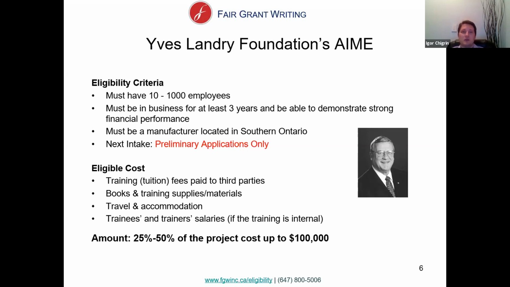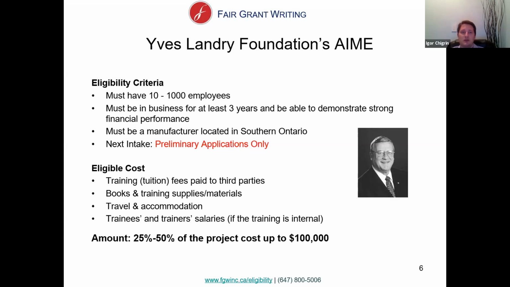Now, the Yves Landry Foundation's program is currently not accepting new applications, but they do accept so-called preliminary applications. Why is it important? Because you have to make sure that your application is in the queue.